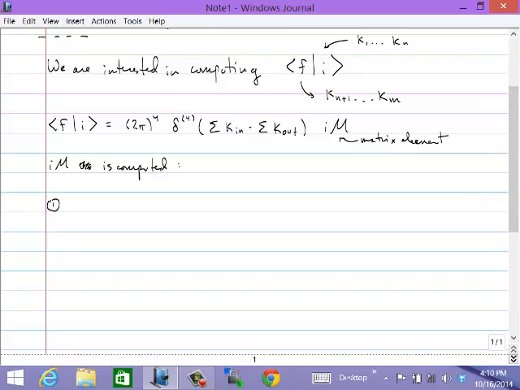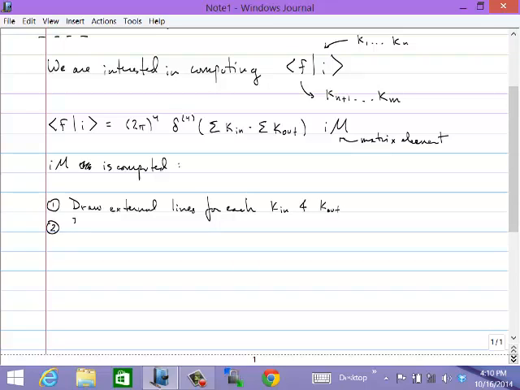So just to remind you, if you're studying a scattering process where you have some ingoing particles and some outgoing particles, then you start by drawing external lines for each ingoing and outgoing particle. Okay.